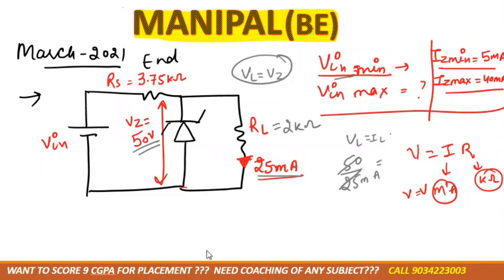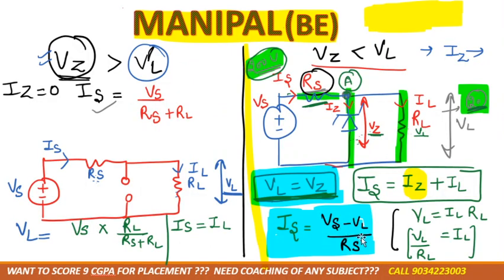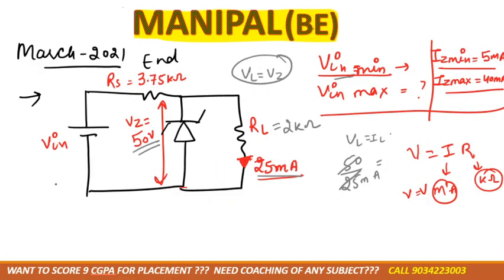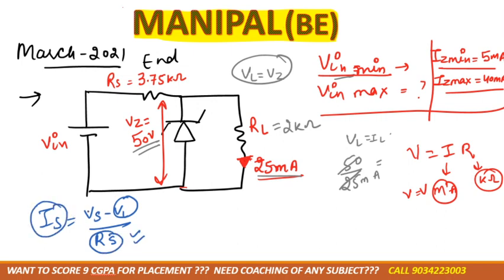Okay. Next you need to calculate V in. As you know, the formula is IS equal to VS minus VL divided by RS. Correct? VL we already know, RS we already know, but we don't know the supply current. So how can we get it? IS is equal to IZ plus IL, right?